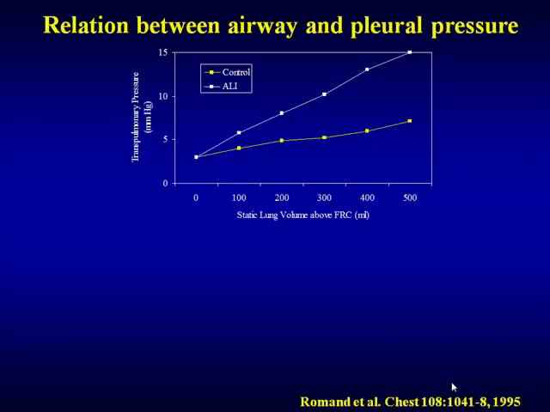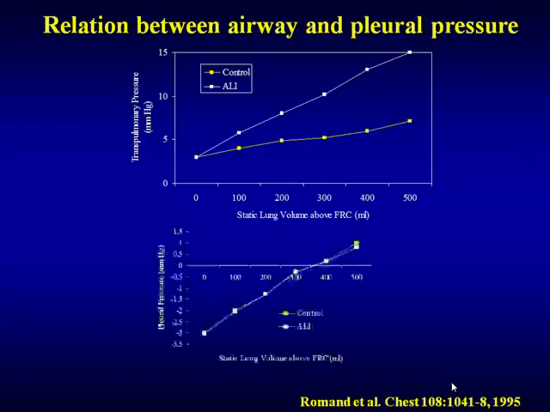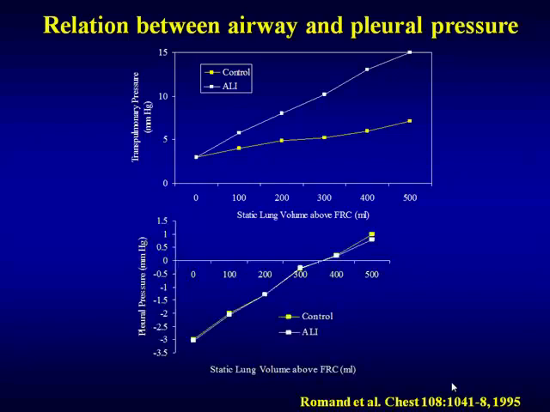And you would say to me, well, Dr. Pinsky, of course, you have stiff lungs, you have ARDS. What are you showing me? But instead of looking at transpulmonary pressure, if you looked only at the pleural pressure itself, you would see for the exact same increase in lung volume, pleural pressure rose the same. If you have no altered chest wall compliance, the only determinant of the increase in pleural pressure will be the increase in lung volume.